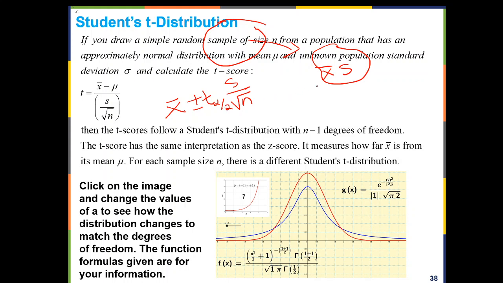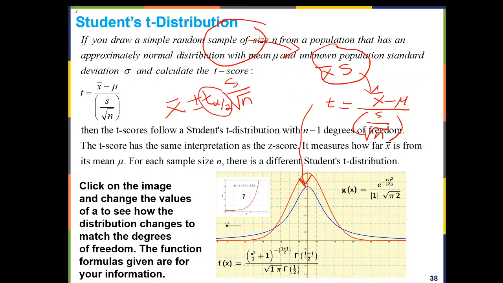So we take these x bars, subtract mu from them, and divide by the standard deviation of the x bars. That's our t, and these t's make a distribution like that blue one right there. That's where t comes from.